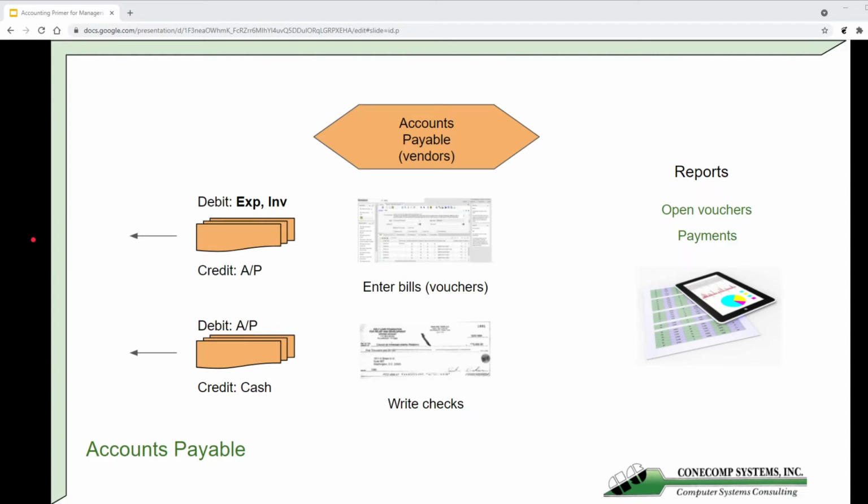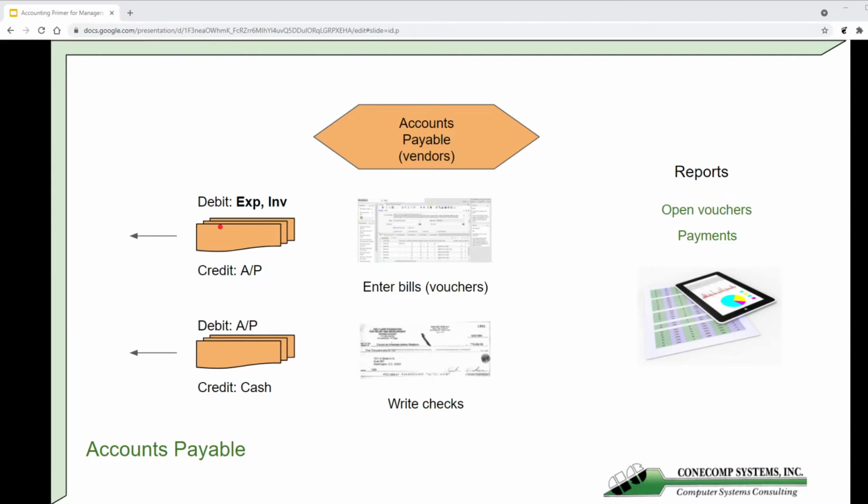And similarly, when checks are written, general ledger transactions are sent to the general ledger. Now, these flows of transactions from other modules into the general ledger, these pipelines, so to speak, all have names. In this case here, the transactions created by entering vouchers is referred to as a journal.